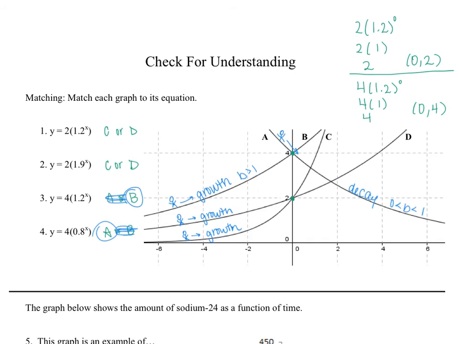Now we can look at our equations and see what the small differences are. We have 1.2 and 1.9. So when you have a base that's larger than another value, but everything else is the same, we have 2, we have to the x, but we have 1.9 versus 1.2, the larger number is going to go higher, faster.